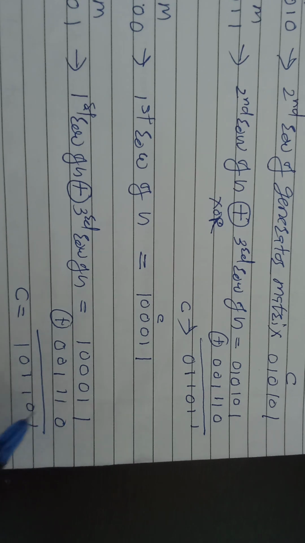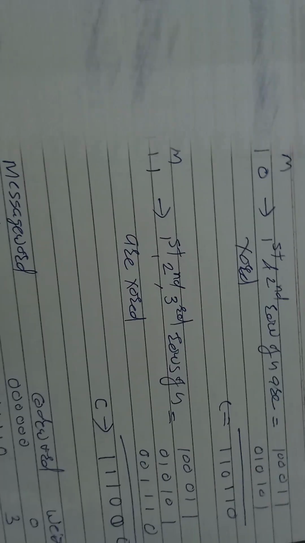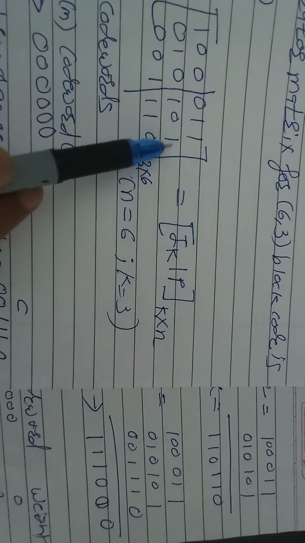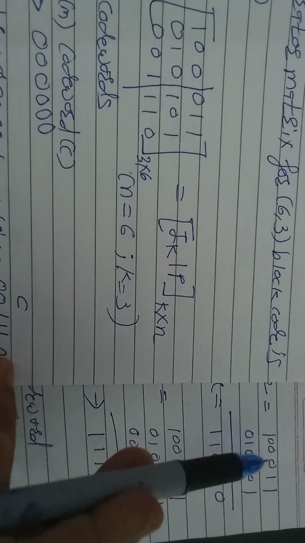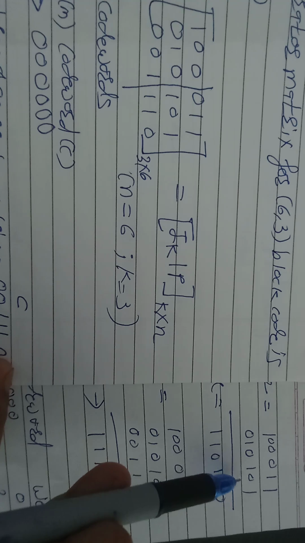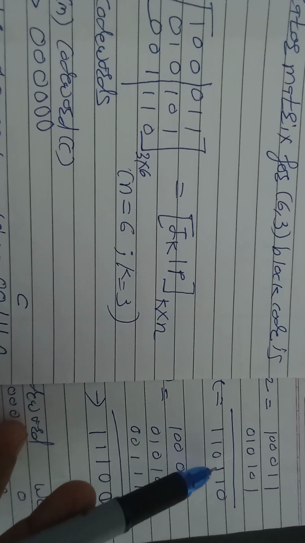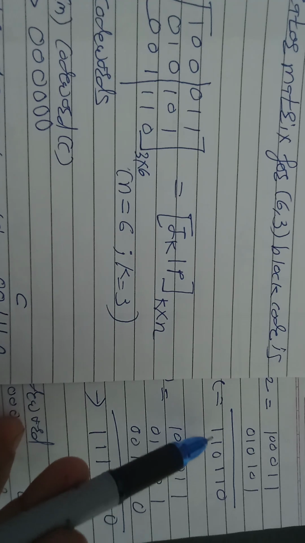So this is 0 1 1 0 1. If it is 1 1 0, that means you have to add first and second row. So first and second row of the generator matrix is written here, and addition is even 1 0, odd 1 1, odd. So this is your code word.